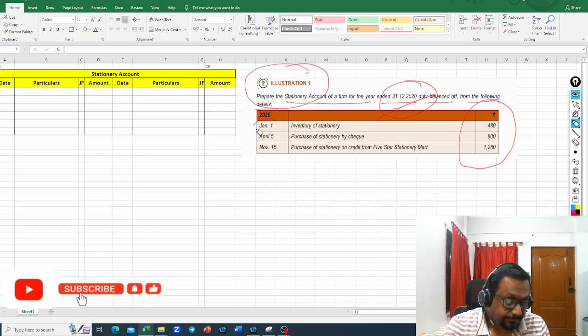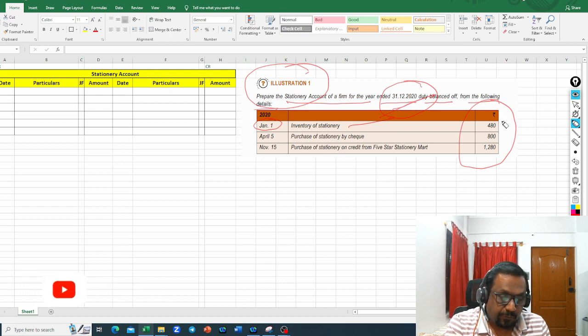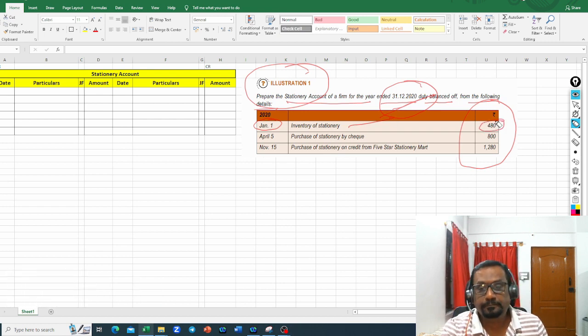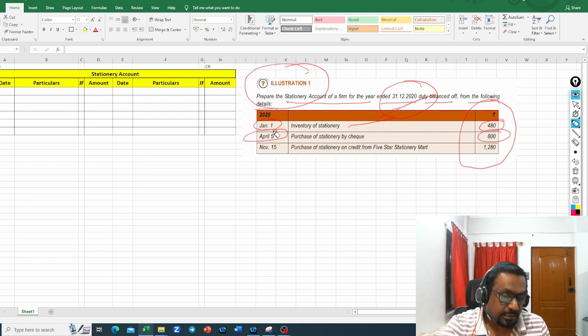January 1st, it says inventory of stationery 480 rupees. There is a stationery balance available. It says stationery balance is available 480 rupees worth. And they also say purchase of stationery by check 800 rupees. They purchased 800 rupees worth of stationery on April 5th. This is another transaction they have given.